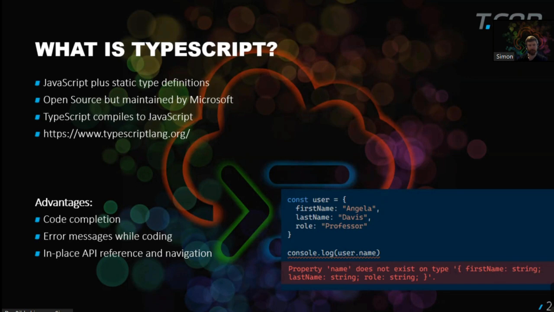But what are the advantages of TypeScript? As said, you get code completion, you get IntelliSense, and you can define static types, for example, for your properties and variables.